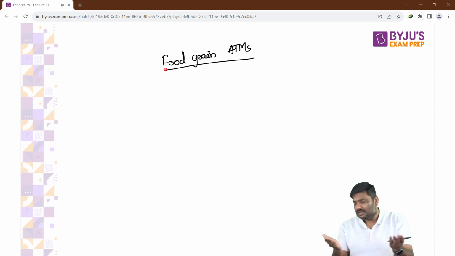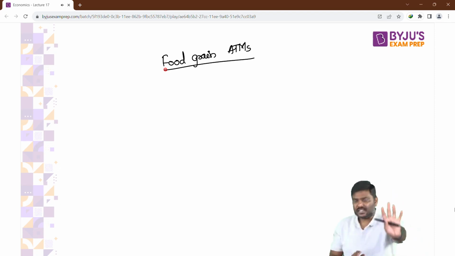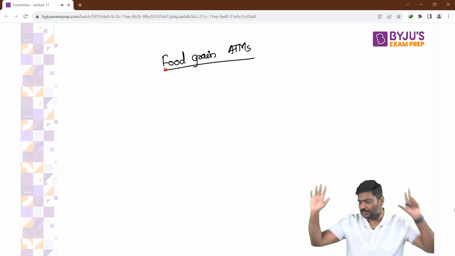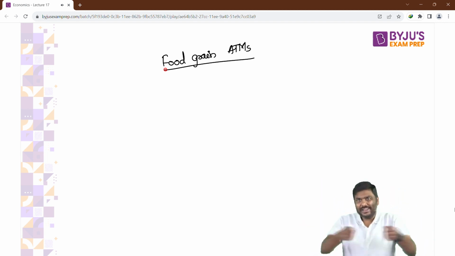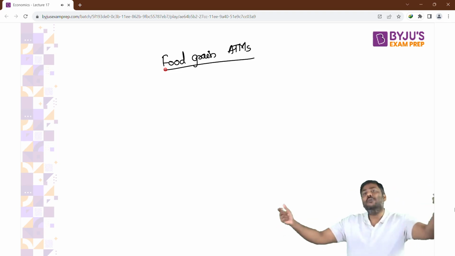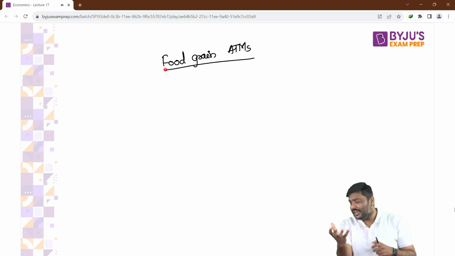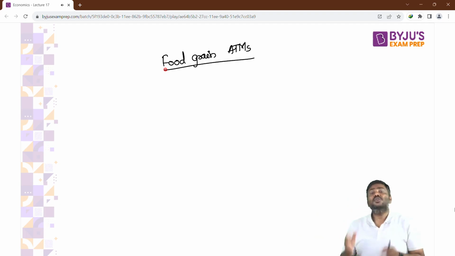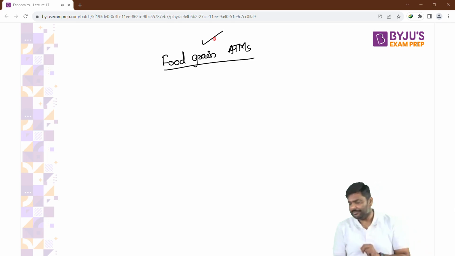So is there a scope of customers, that is beneficiaries, being cheated there, underweighing? They might simply have a weight of 4 kg, but they'll say this is 5 kg. They will weigh and give it to you. So one, lines could be a problem. The queue in front of the shop could be a problem. Second, correct weighing is also a problem.